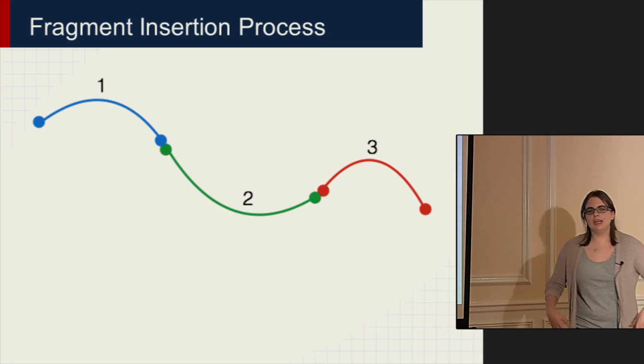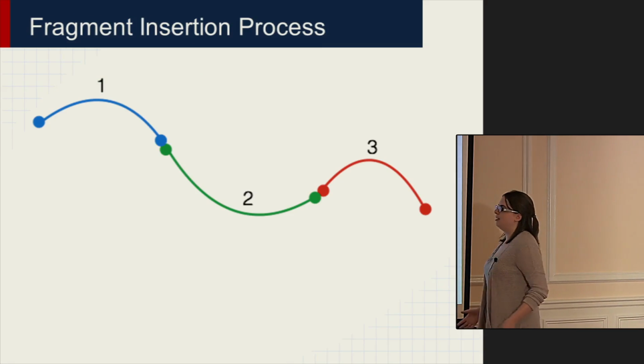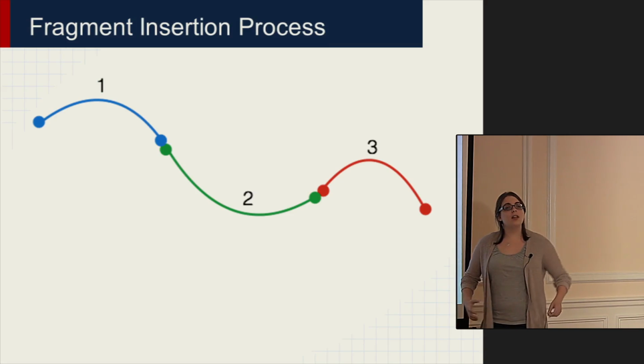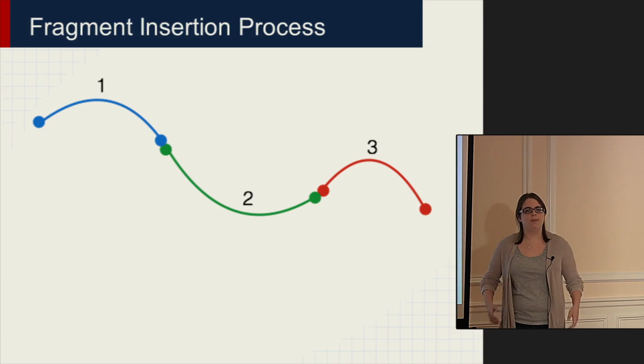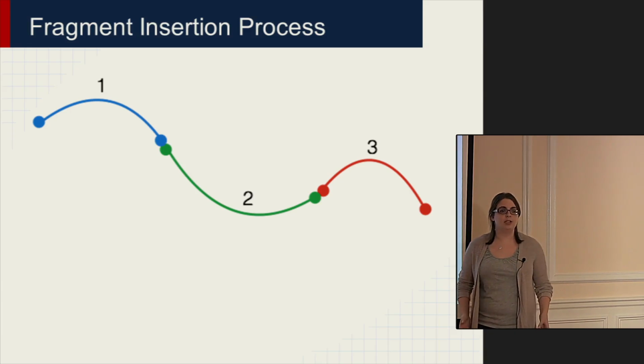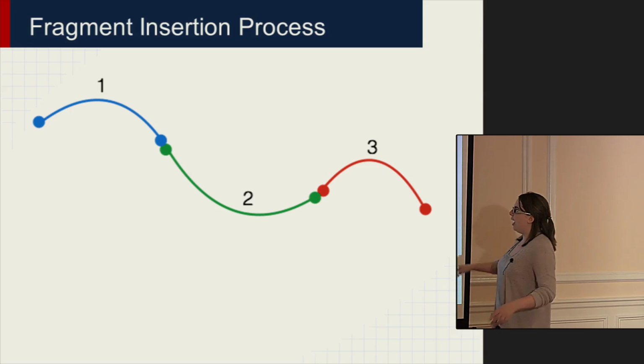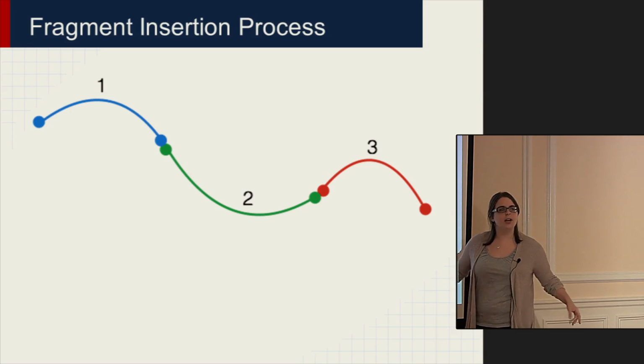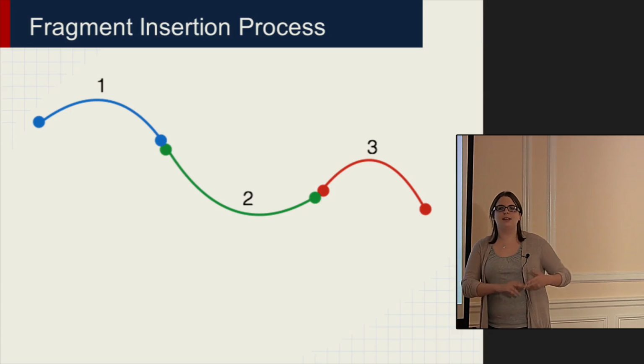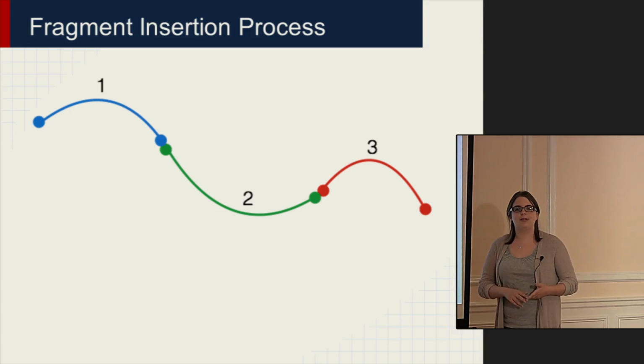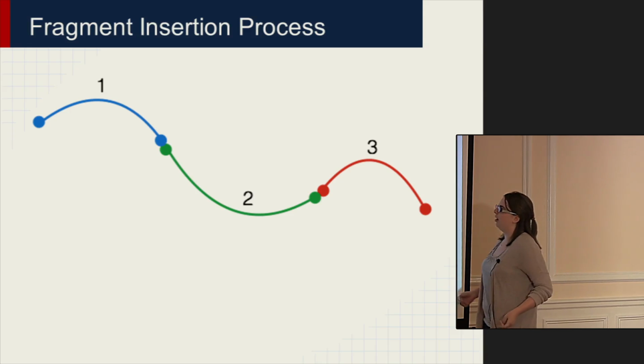But what's a really interesting effect of this fragment insertion process is the effect that it might have when you already know the secondary structure, which I believe is really important for ab initio. So let's say I have a simple structure and you're inserting 3 residue fragments, so it's 9 residues long.